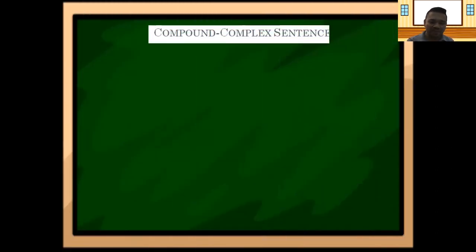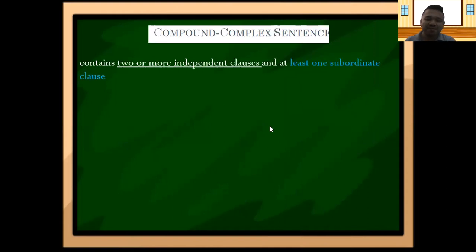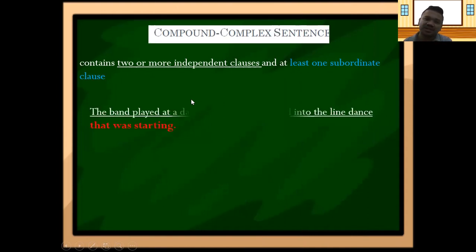Now, compound-complex. A compound-complex sentence contains two or more independent clauses and at least one subordinate clause. Again, two or more complete sentences and at least one incomplete sentence, or subordinate clause. For example: "The band played at a dance, and Ray was pulled into the line dance that was starting."